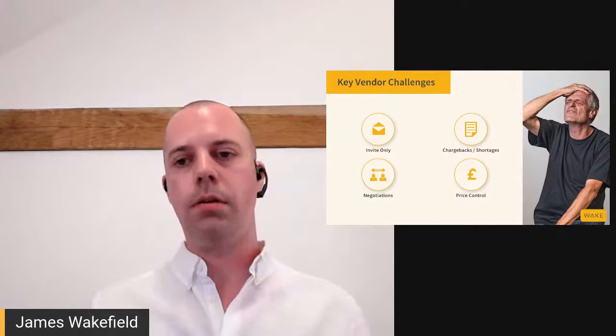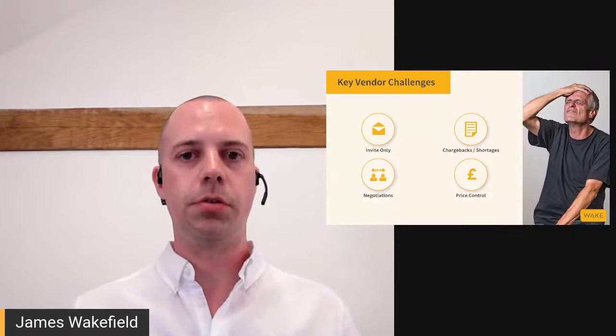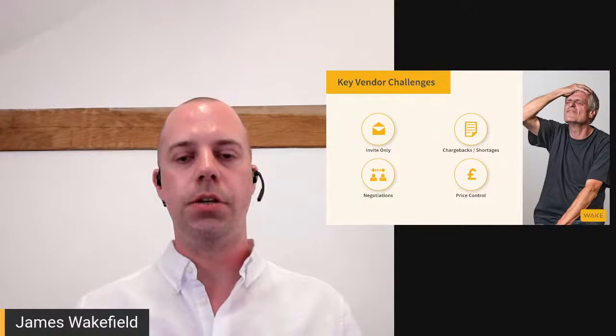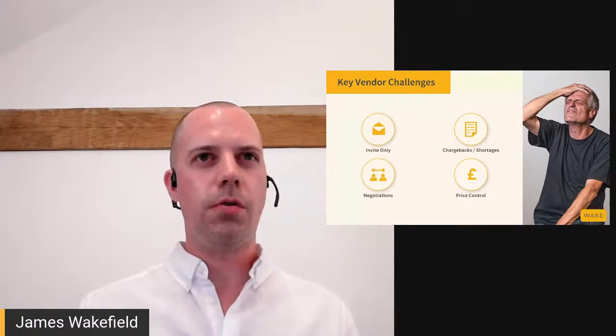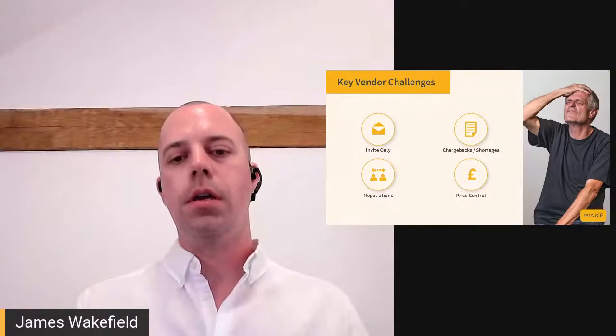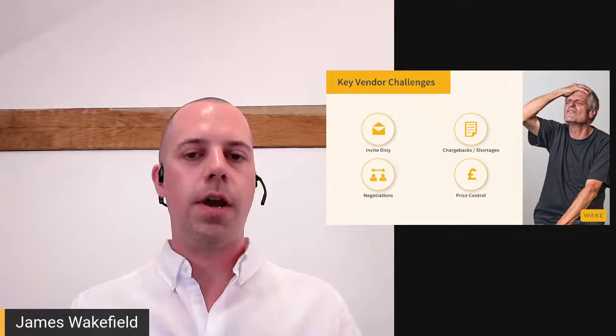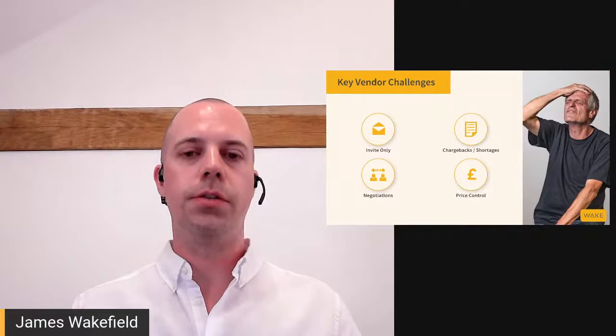Biggest pain point, or certainly the thing that's probably talked about most often, is chargebacks, which you don't really see on the seller side. But you need to be very operationally efficient when you're sending stock into Amazon.